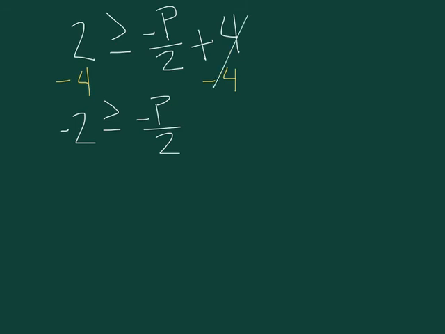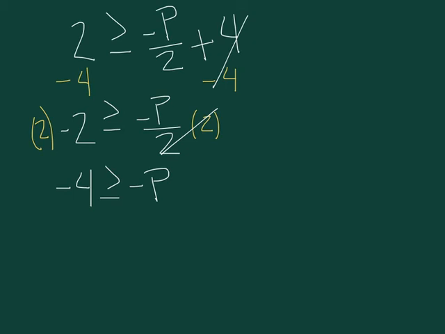That one's gone away. So now we're going to multiply both sides by 2. 2 times -2 is -4. 2 divided by 2 is 1, and 1 times a negative p is just negative p.